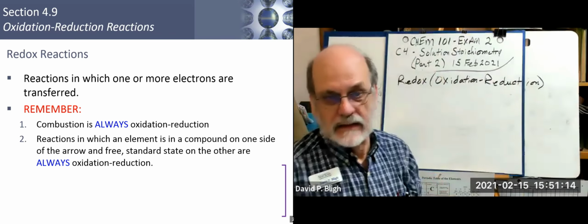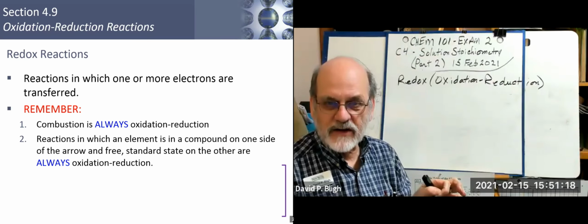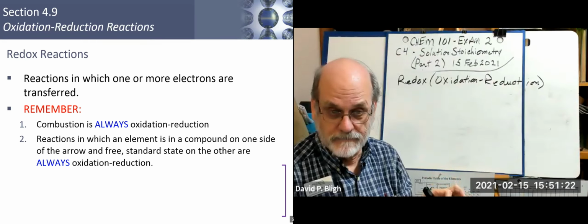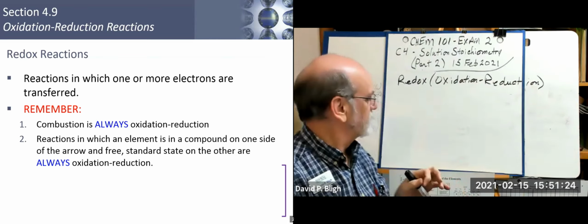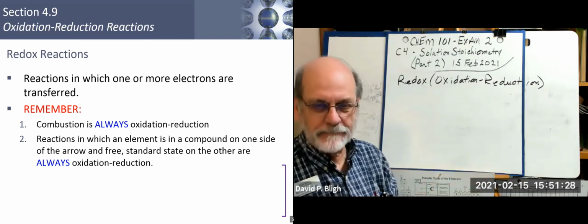Okay. Like I said before, this type of reaction occurs whenever electrons are transferred. So we'll look at an example in a minute.